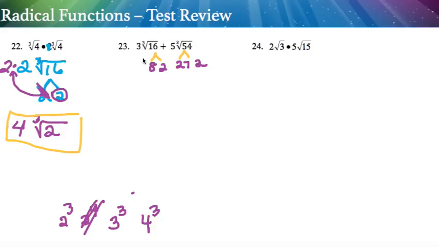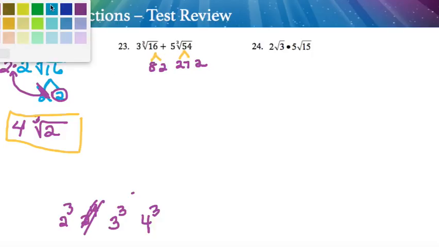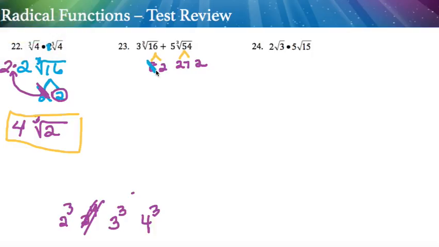Okay, so let's take this out. The cube root of 8 is 2, so I'm going to put that in front with the other 3. And then I've got a cube root of 2 left over. Okay, let's do it again for the 54. The cube root of 27 is 3, so that comes out. When you take it out on the outside, you always multiply, so it goes with the 5.